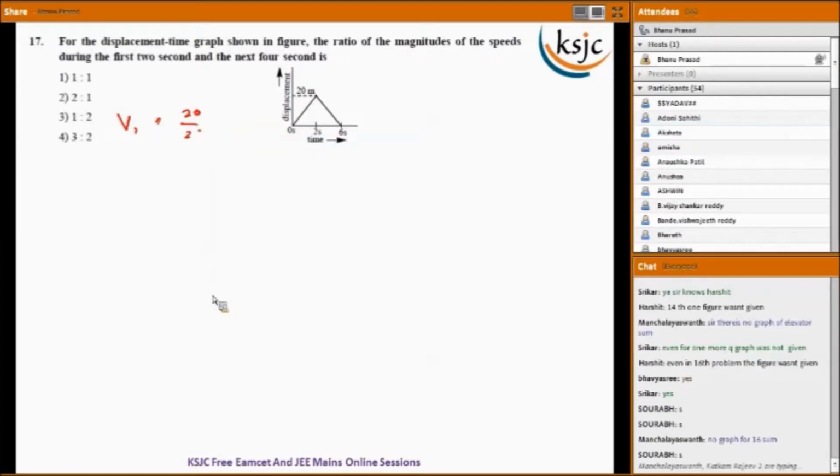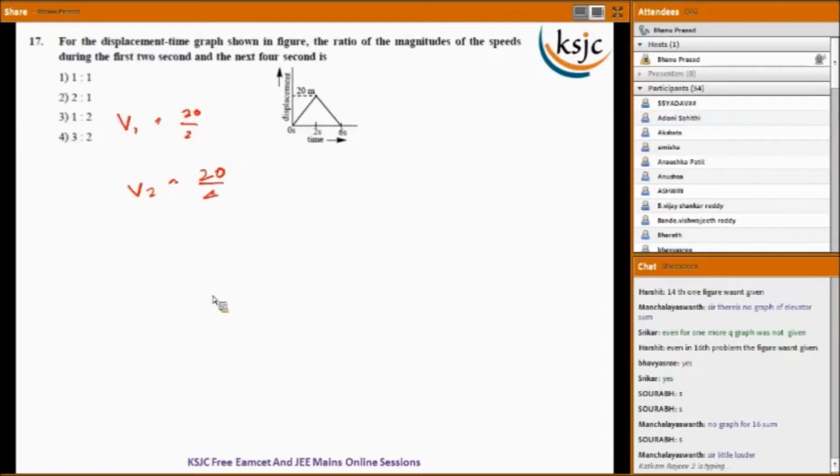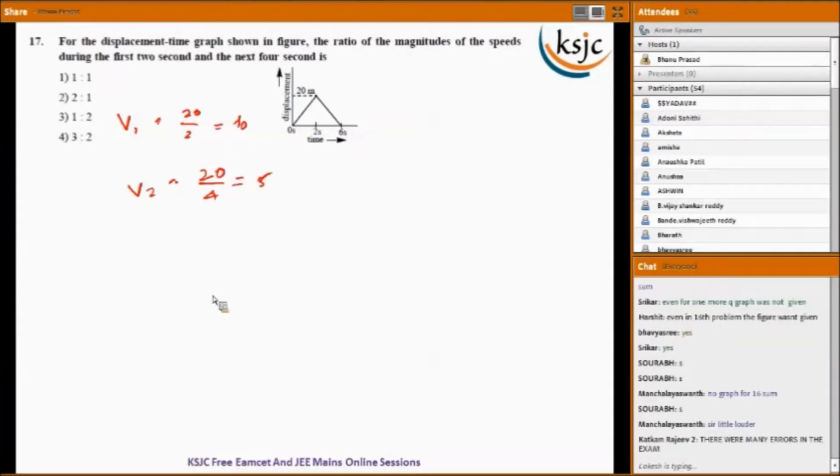And for the second case, v2 equals, again, the difference in y coordinates is 20, but this time it is 4, because 2 seconds to 6 seconds is 4 seconds. So the first speed is 10 and the second is 5. Now when you calculate the ratio, you will get v1 by v2 as 2:1. So option 2.